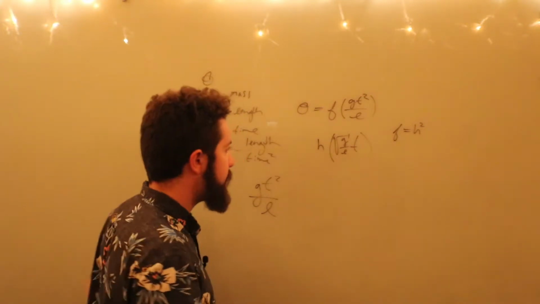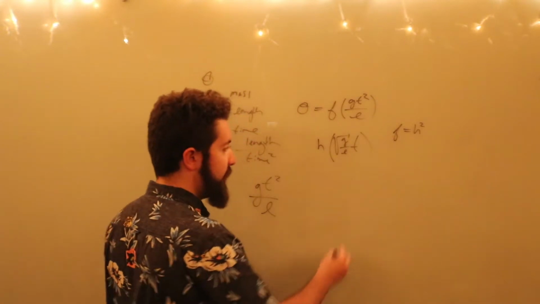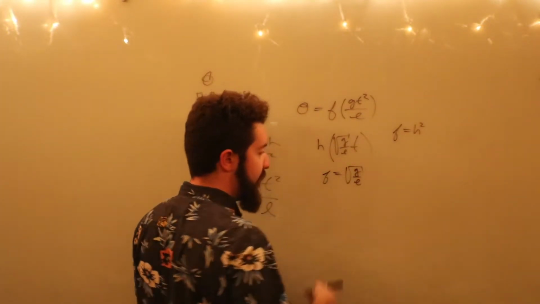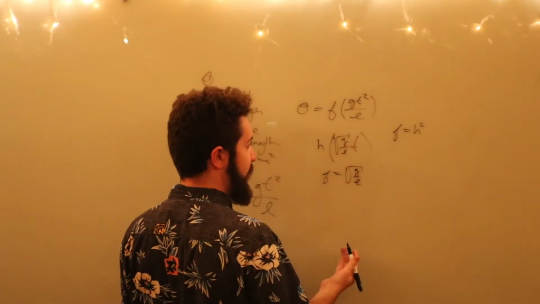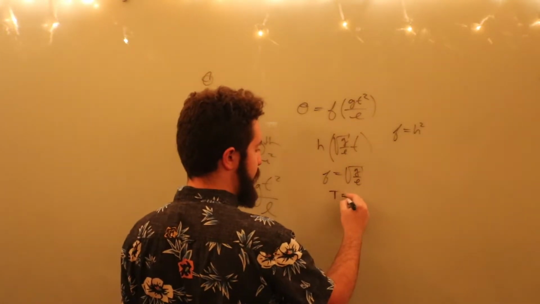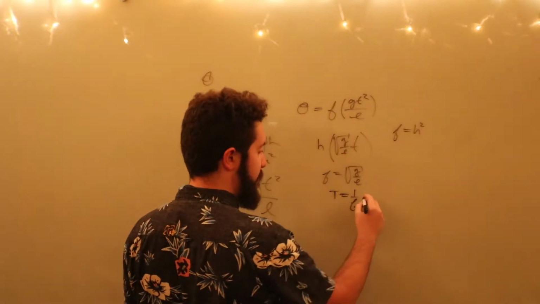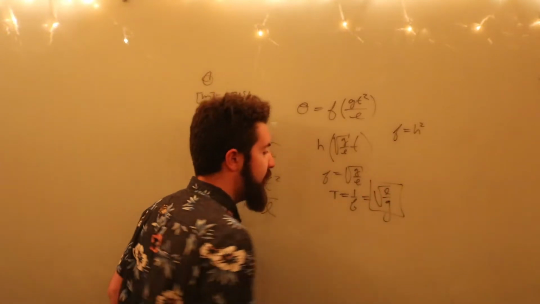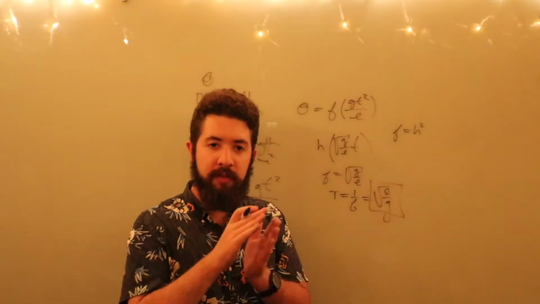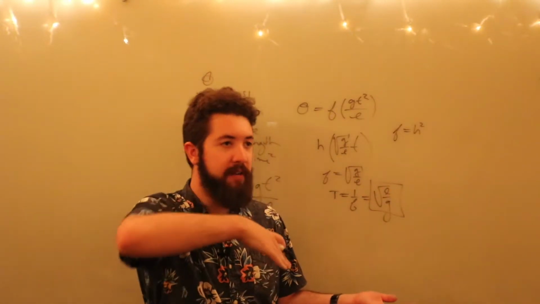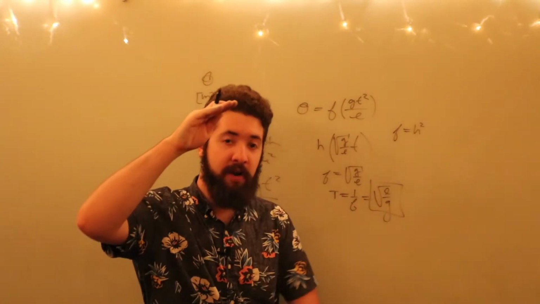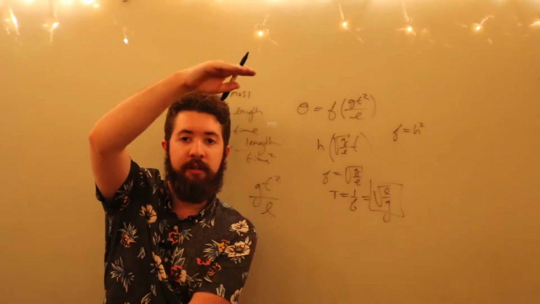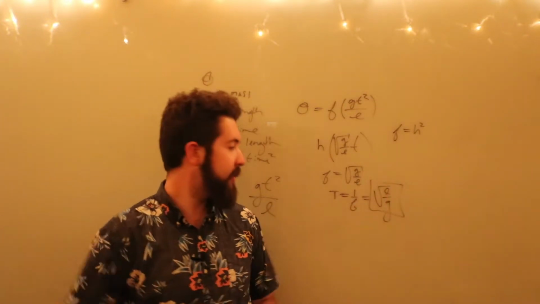With that in mind, we have a frequency of root g over L, and of course, the period of such a hypothetical function is going to be equal to 1 over the frequency, which is going to be the square root of L over g. So that as the pendulum rod, if you like, length gets longer, it's going to have a longer and longer period, right? This is exactly what we'd expect.